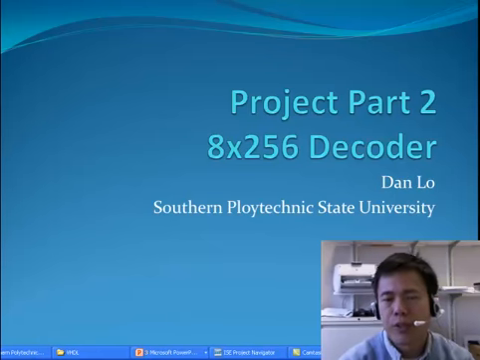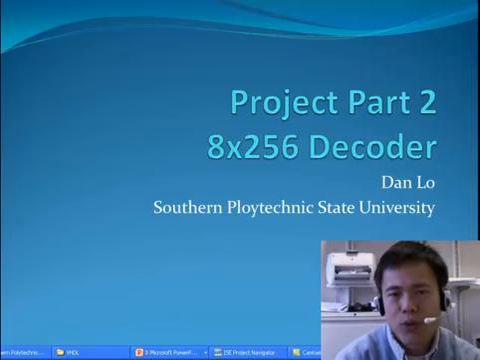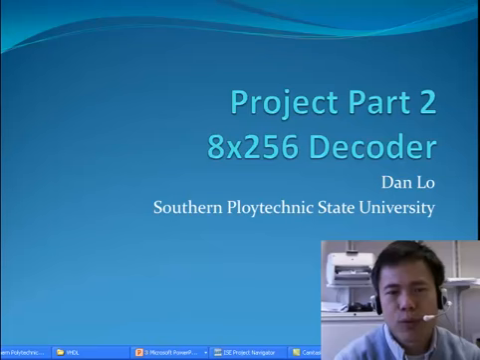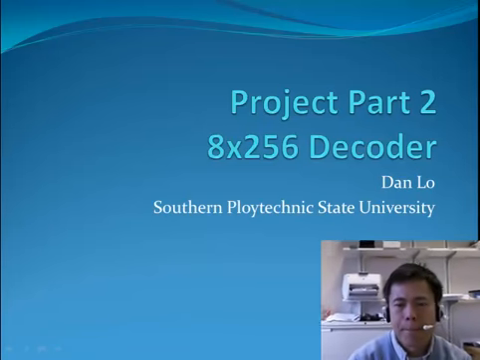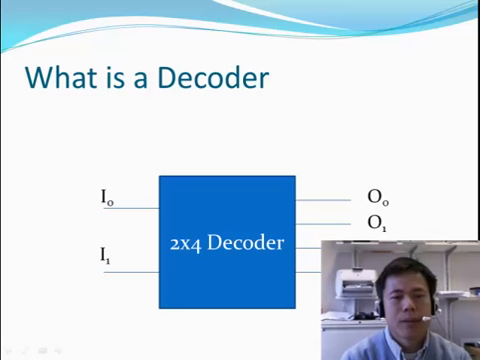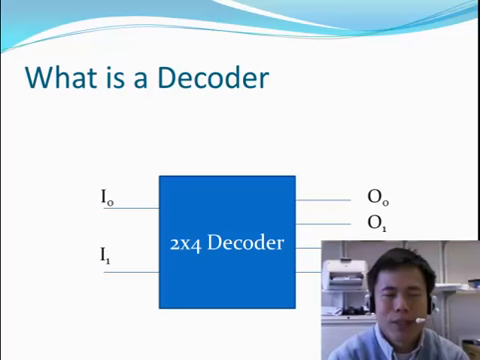In this video, I'm gonna talk a little bit more about project part 2, the 8 by 256 decoder. So first, what is a decoder? A decoder basically is a component.